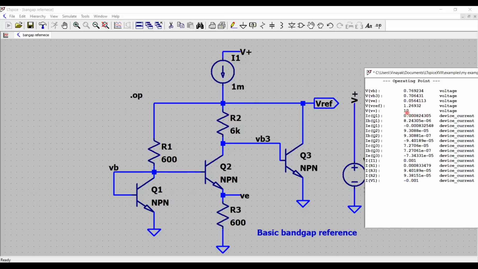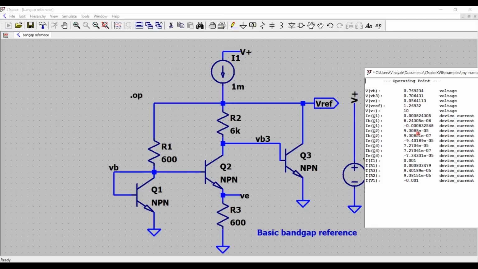Now with the supply voltage of 10 volt, you have the collector current of transistor Q1 to be about 0.8 milliampere. Now this 1 milliampere is being split into all three branches, 1, 2, and 3. The collector current of transistor Q2 is obviously 10 times smaller, which is 93 microampere.